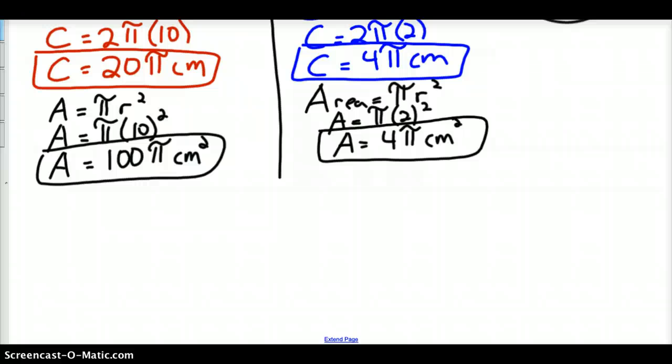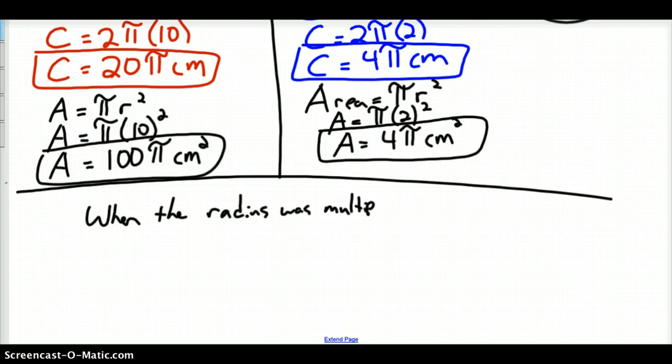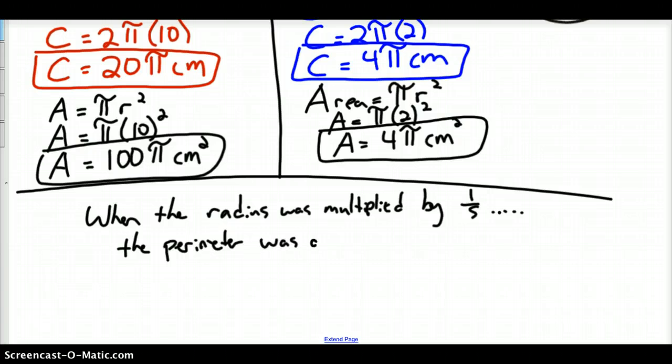I'll say when the radius was multiplied by 1/5, the perimeter was also multiplied, perimeter, I'm using the wrong word here, sorry.